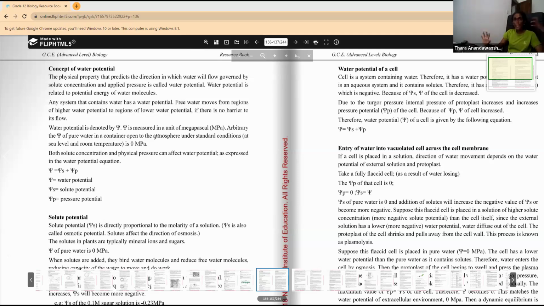This can be changed if you bring the container up to a mountain. This value might be changed because the pressure is different there. And if you go down under the sea also, and check the water potential, that is also a different story. That is different depending on the pressure that the container is kept at. Understood now? Yes, teacher. So this is talking about pure water, as no solutes are dissolved.